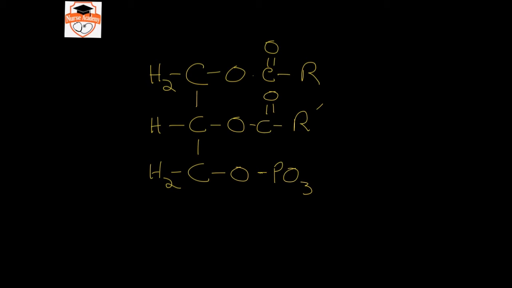What makes this useful is that this phosphate group is very polar. A phosphate is generally PO4 minus 3, so here we have this charged compound. It's still going to have 2 negative charges on here. The third one is gone because now it's bound to this carbon.